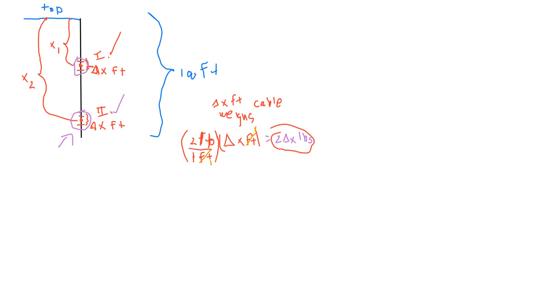Bringing up the entire cable to the top of the building is the same as cutting it into little pieces and bringing up all those pieces. Okay, so now if we go back to the book, we're almost done here.